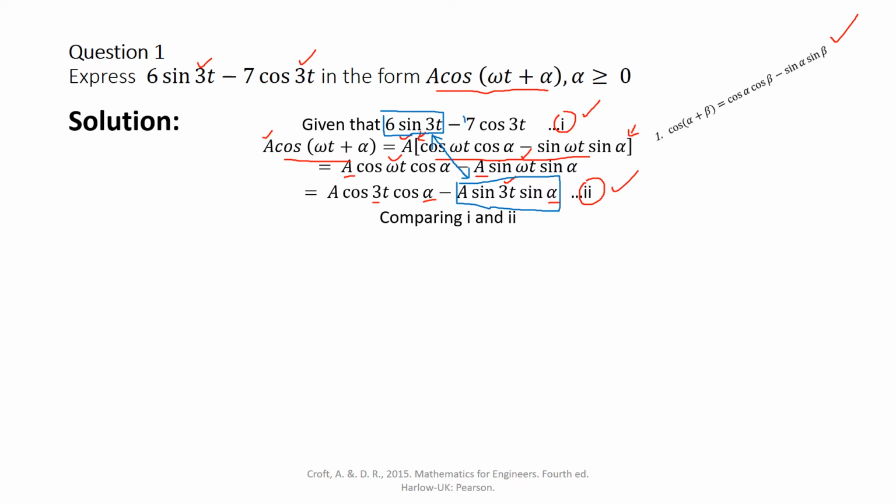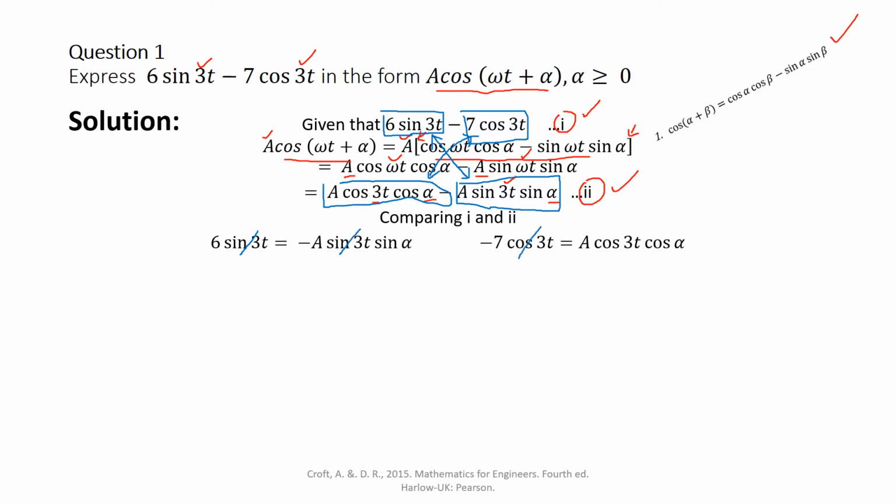Similarly, here we have cos of 3t and cos of 3t is involved here, so we can compare them. Compare means we will make them equal. So now if we see in both comparisons, the left side has sine 3t and cosine 3t, and the right side has sine 3t and cosine 3t, and we will be left with this.